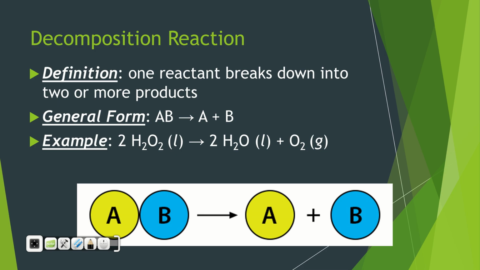Decomposition is where you start with the compound on the reactant side and then it splits apart. It splits apart into its elements. Now, this one's a little tough where you can see it actually splits into a compound and something else. But the idea would be if you have a single compound on the reactant side and it splits into 2 pieces, it clearly has decomposed. It has broken apart.